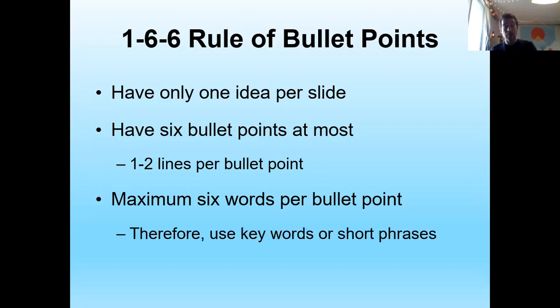Therefore, it's very important to use keywords or short phrases. Now, if you have a little more than 6, that's fine. But it's important not to have complete sentences. Don't write complete sentences, just keywords or short phrases.